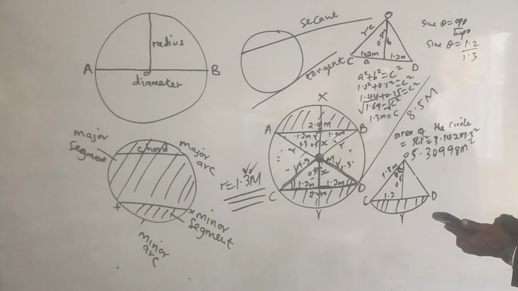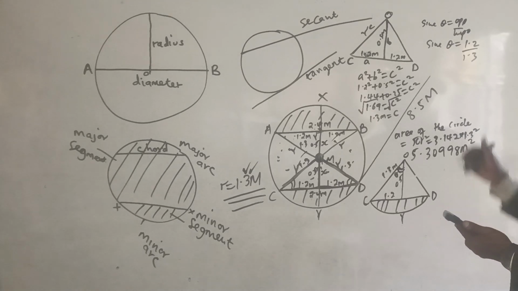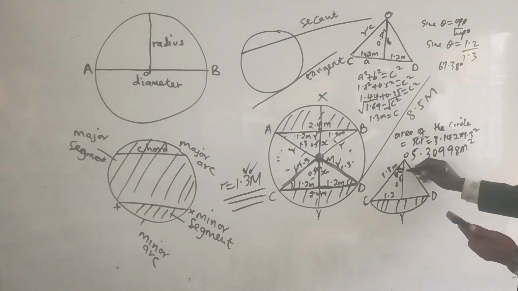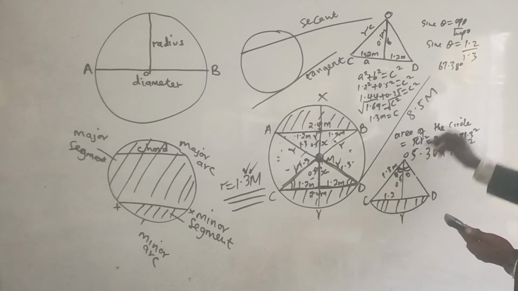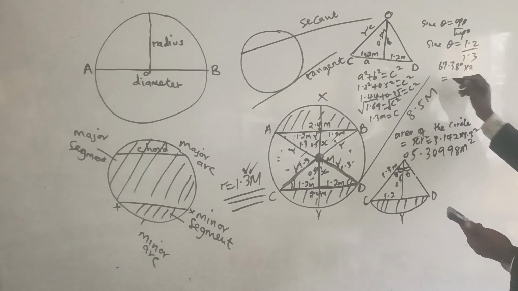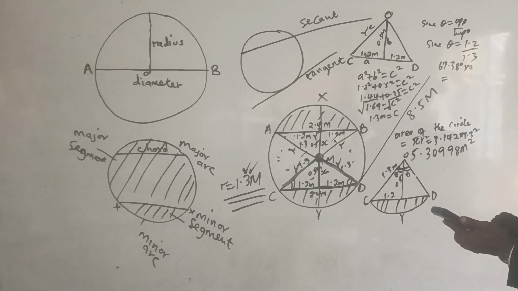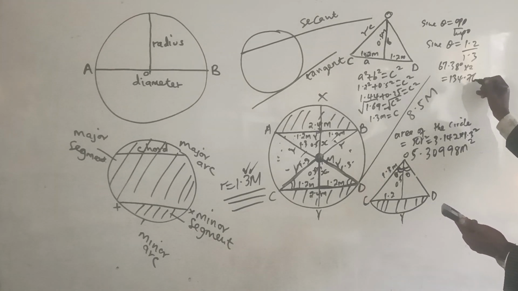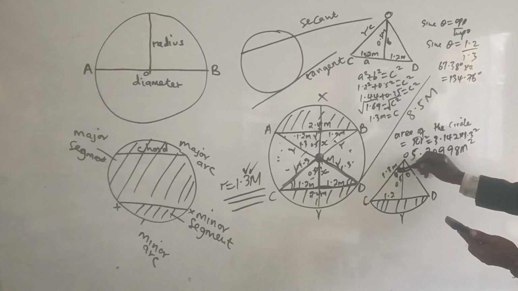So I say 1.2 divided by 1.3, and I get the sine inverse of that. I get 67.38, so the angle is 67.38 degrees. Because these ends are the same, you say times 2 to get the whole angle. Times 2, you get 134.76 degrees. That becomes our theta.